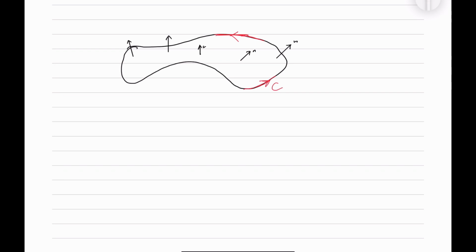The answer to that is that the vectors in this order: r prime of t, the tangent to the curve, and then the inward vector, which is a rotation of r prime of t.